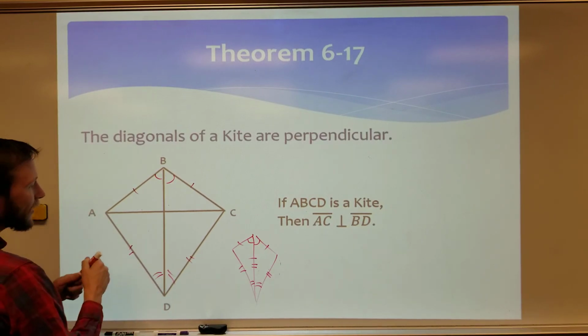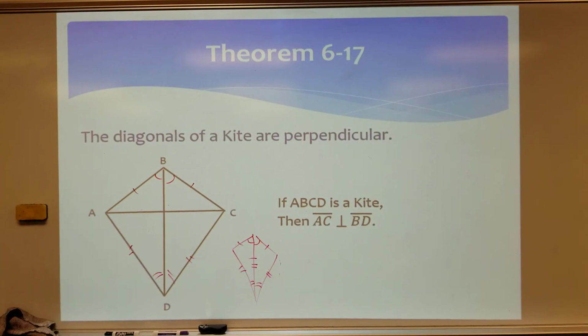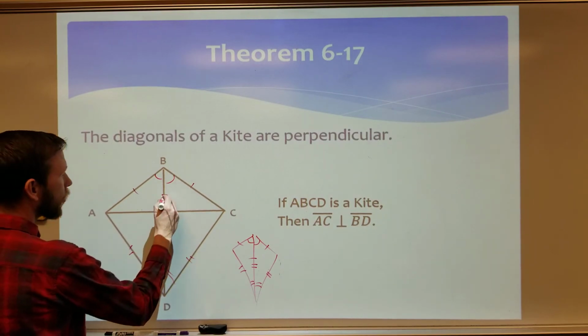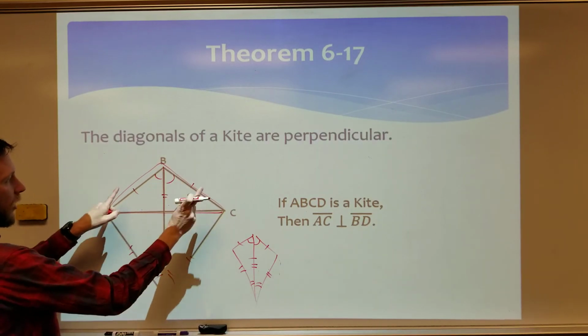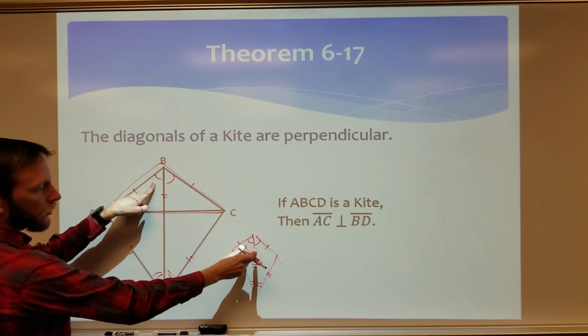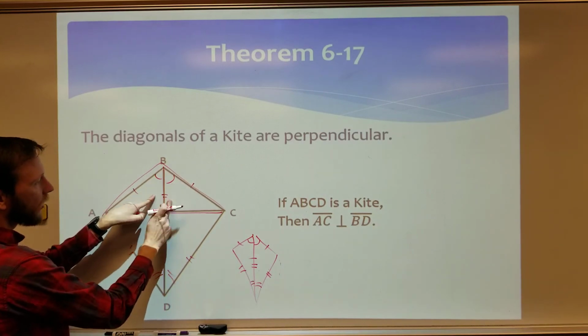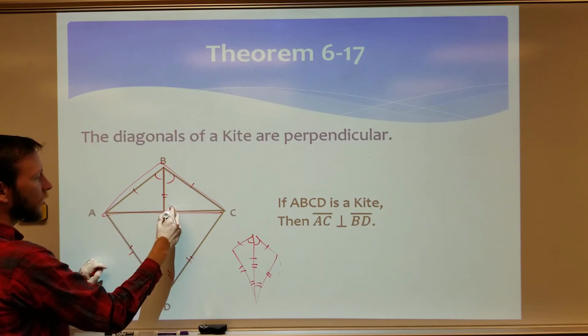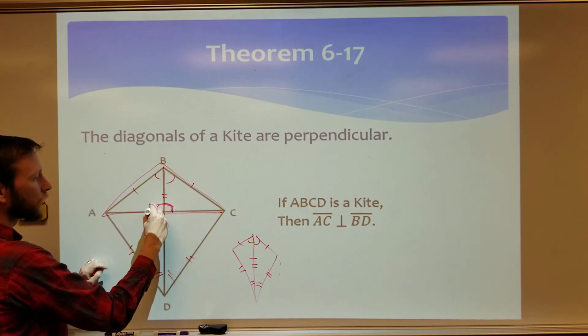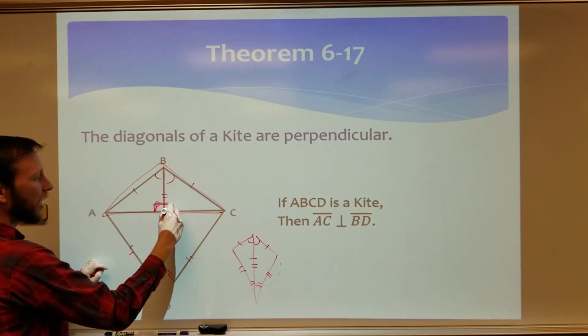And so it sets us up for some level of success in determining that we have congruent triangles in this situation. I've got a pair of sides given, a pair of angles that we know are congruent from this situation, and then this side is reflexive. So I've got side, angle, side here, which means that these angles are congruent, but they're also supplementary, which means that they make right angles.